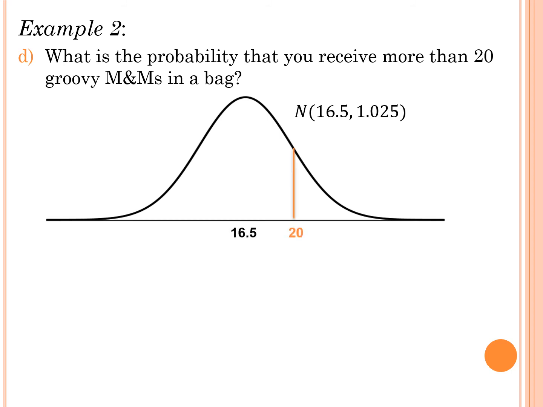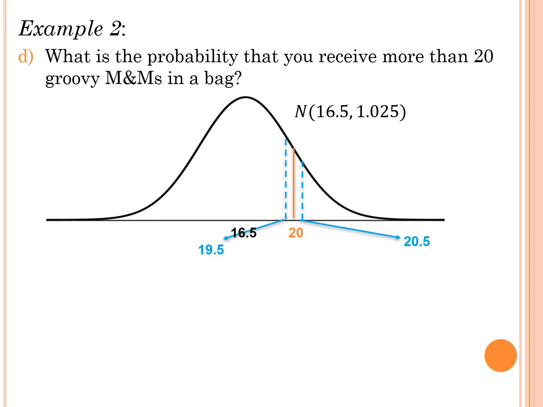What's the probability that you receive more than 20 groovy M&Ms in a bag? We know we have a mean of 16.5, and we want to find the probability that we get more than 20. So again, we draw those two lines on each side because this is discrete data. We have a countable number of M&Ms, and we're finding its probability on a continuous curve. So that left dotted line is 19.5, the right one is 20.5.